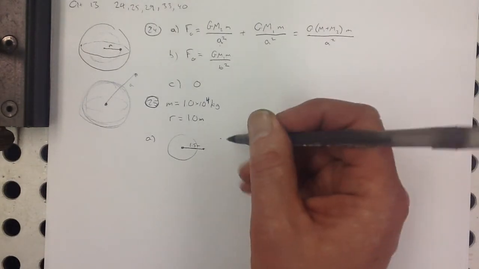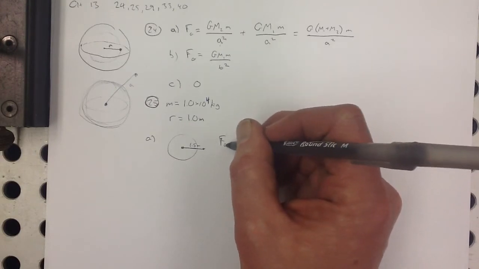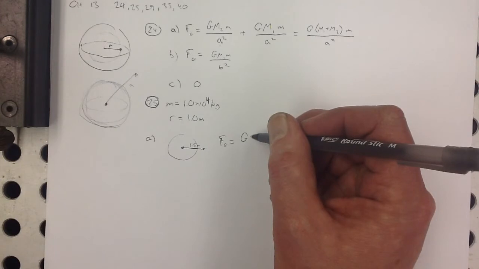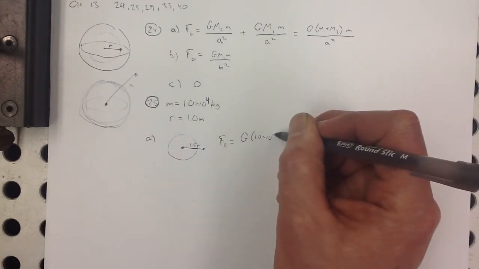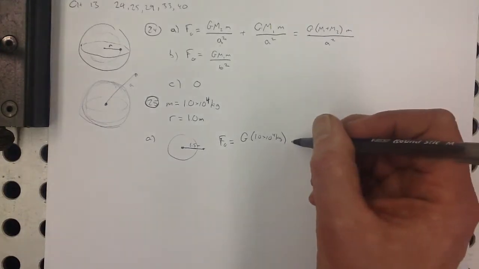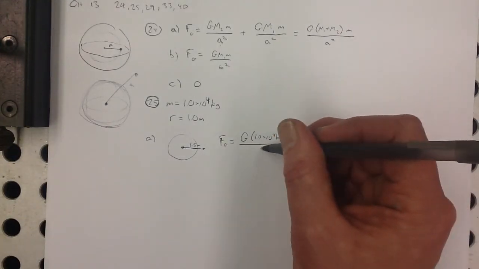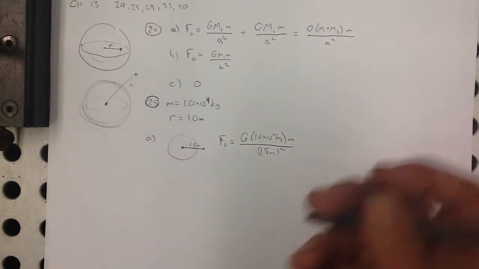So gravitational force would be G M m over r squared.